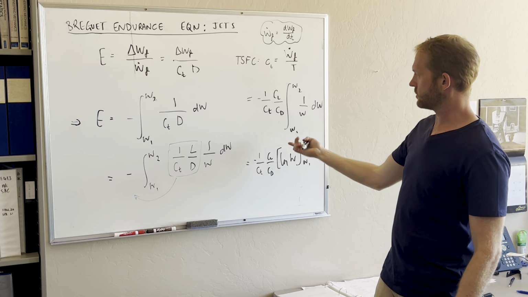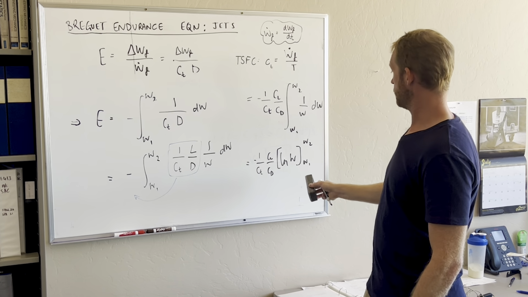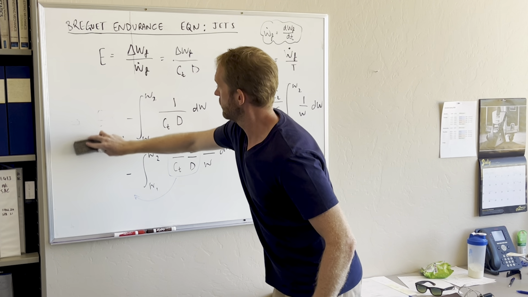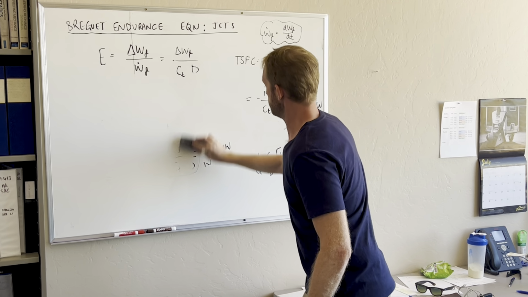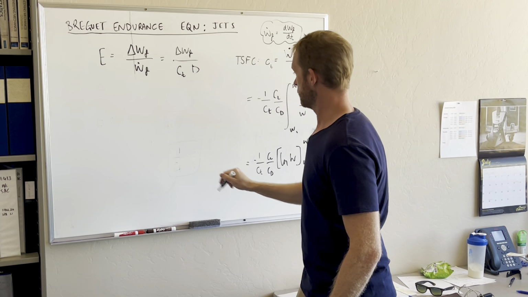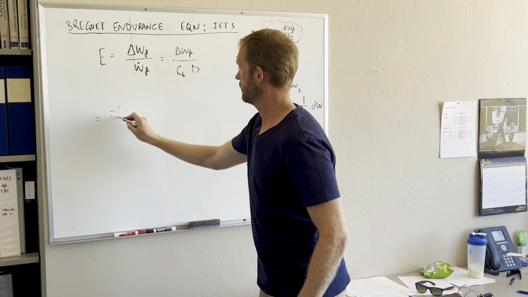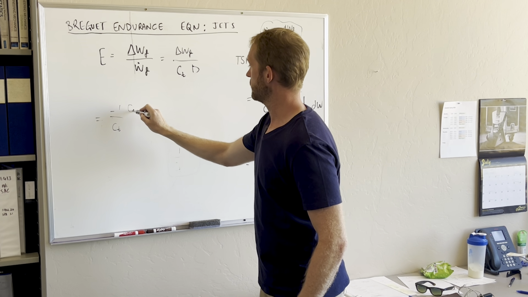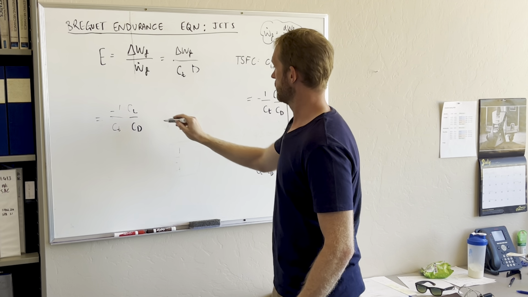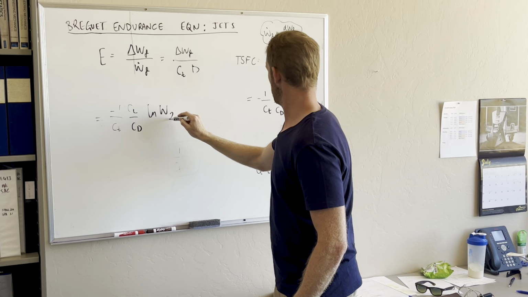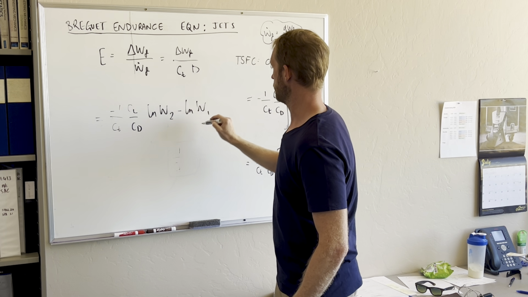And then this leads me directly to the Breguet endurance equation. So 1 over CT, CL over CD, log of W2 subtract log of W1.